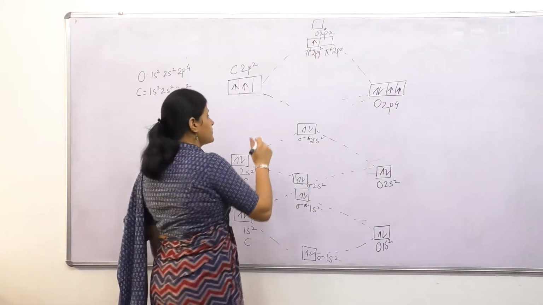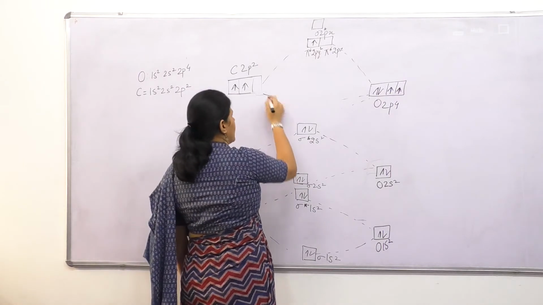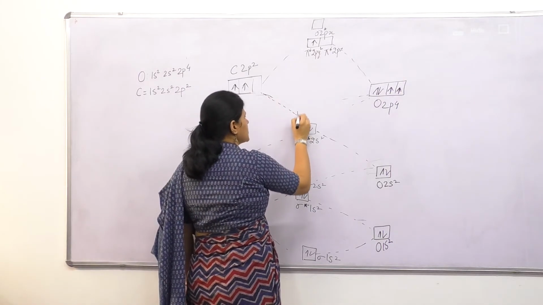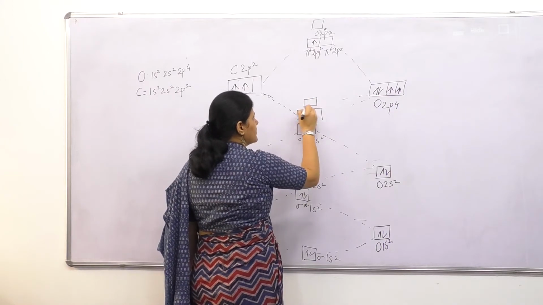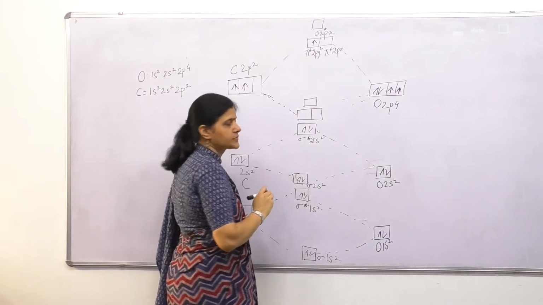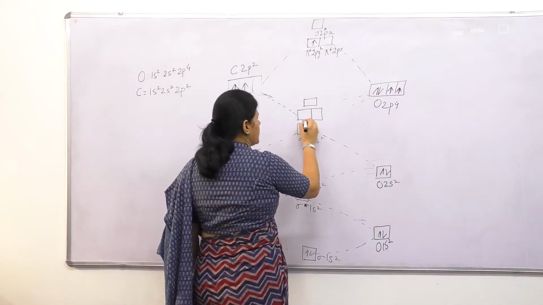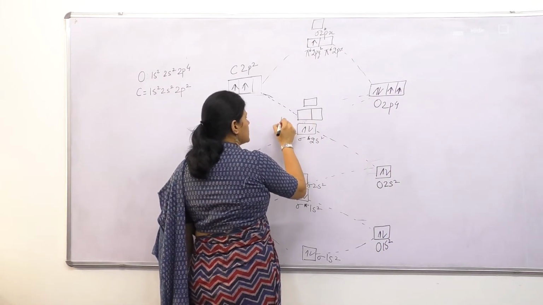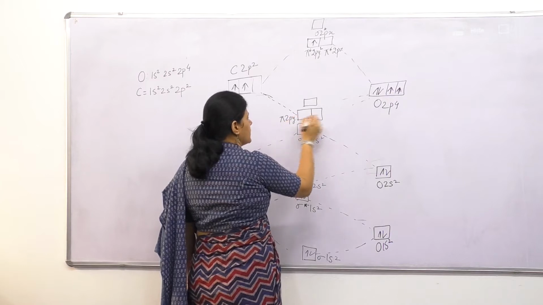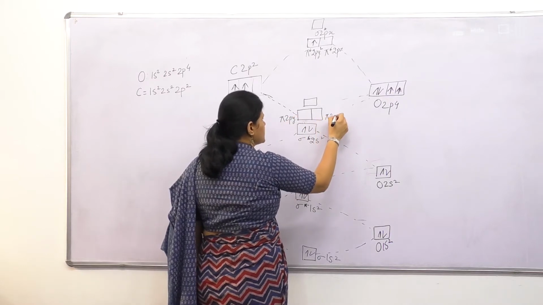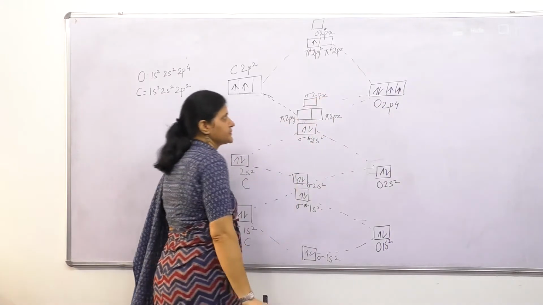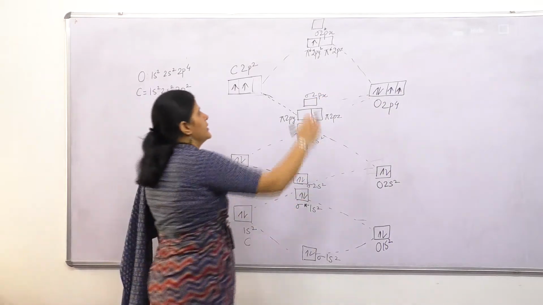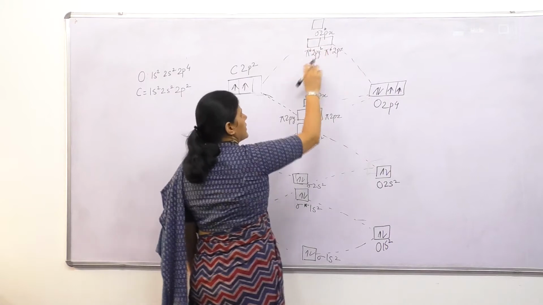Fine. Next, we will apply here first the pi orbitals, then we have the sigma orbital. This is pi 2py, this is pi 2pz, this is sigma 2px. Fine. Okay.